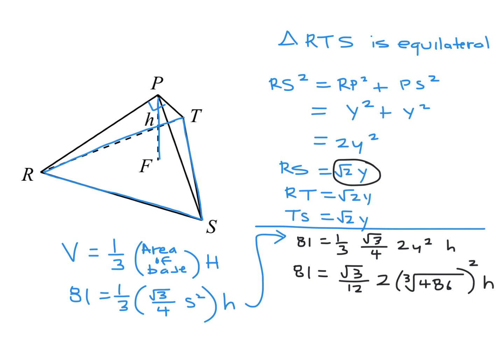We have all numbers, and I'll let you calculate H. And when you do, you get H is equal to 4.539, and to the nearest, what did they say? I think 100th of a centimeter, it'll be 4.54 centimeters. And that completes 4C.